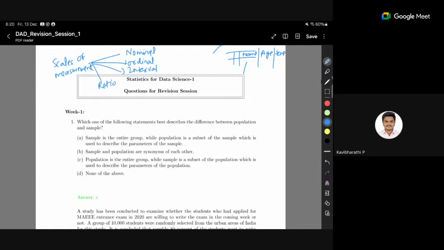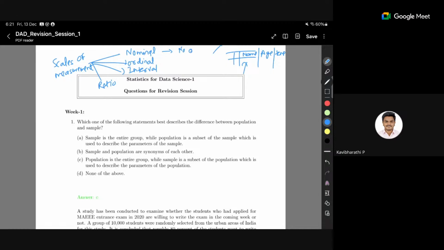If you see any data which has words in it, not numbers, like name, and they don't have any order in between, like one is not higher or lower than anything, name is one kind of nominal scale. So these are nominal scales where there is no order.